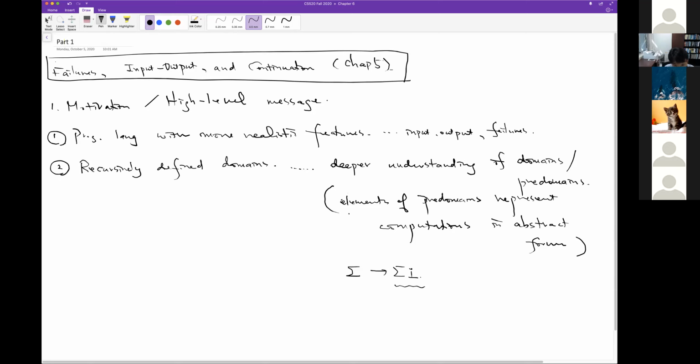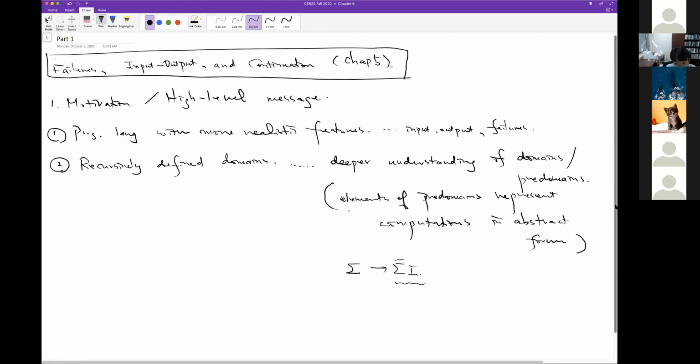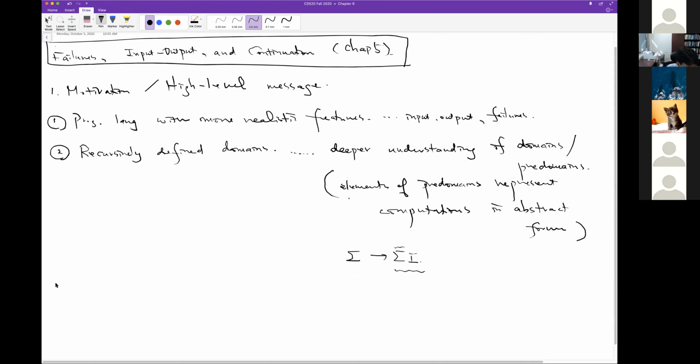Bottom means it doesn't produce anything, and the other case, an element in sigma, means that it terminates and produces some output. But in this section, we will consider much more sophisticated computation. It's a bit like representing computation in a very abstract, concise form with lots of details filtered out. But in this case, we will study something where a bit more intermediate steps of computation are included in the definition of this output domain.